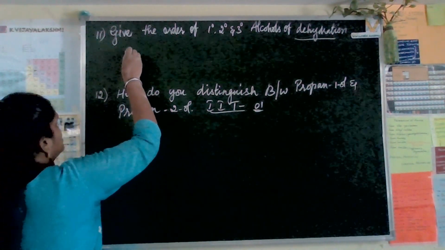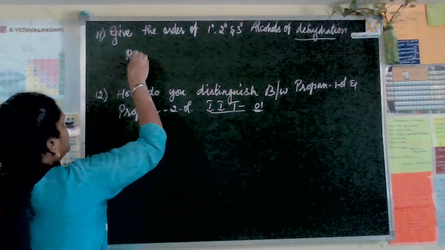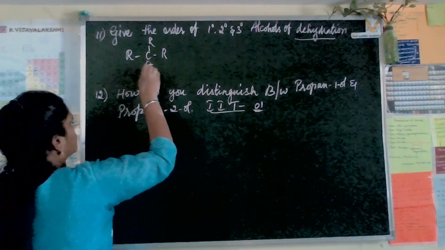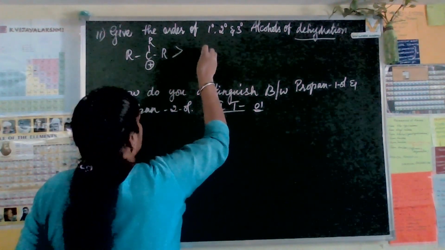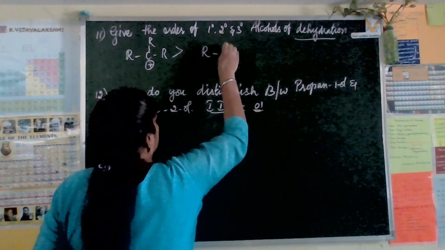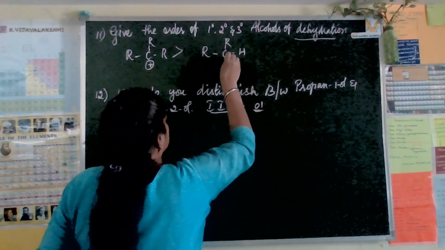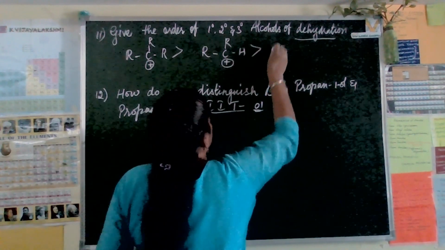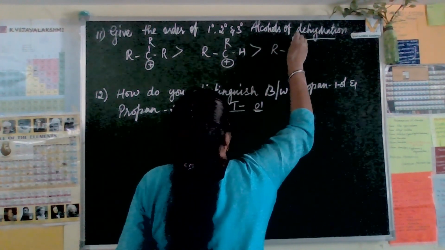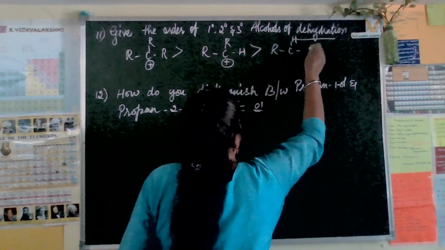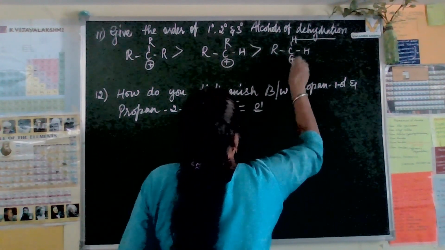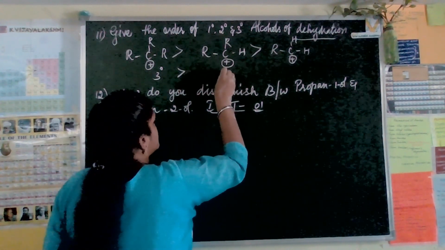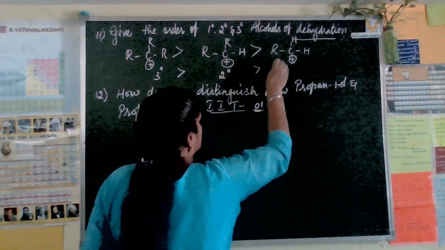Tertiary: R, C, R, R, with carbocation formation. Secondary: R, R and hydrogen, also carbocation formation. Primary: R, hydrogen, hydrogen, carbocation formation. So tertiary is greater than secondary, and secondary is greater than primary.